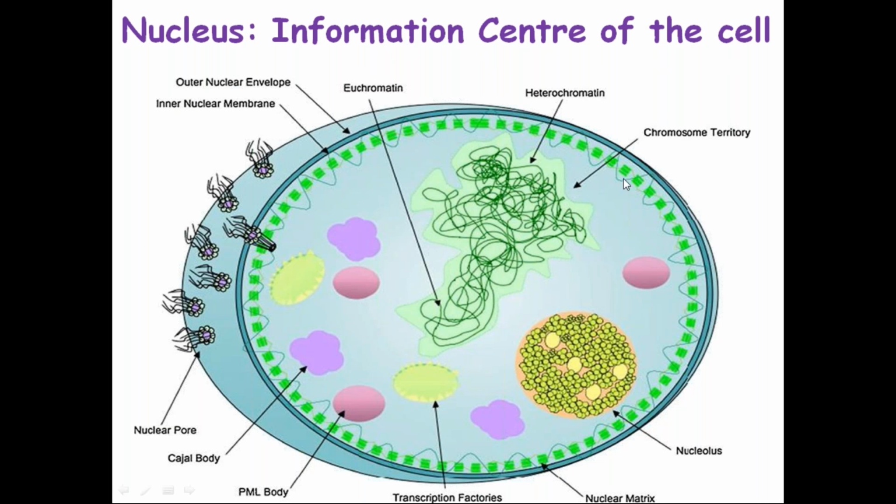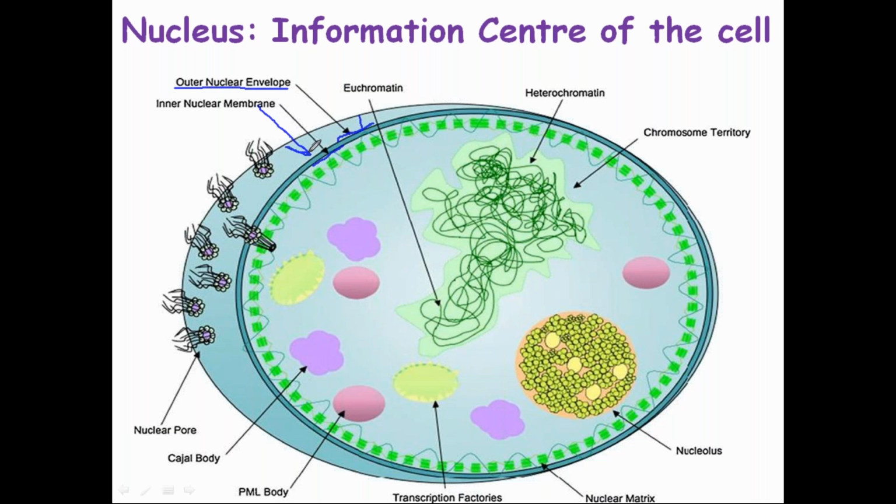Now you can see here that the nucleus is a double membrane structure. You can see it has two membranes here. The first one, the outer one, is called the outer nuclear envelope, and the inner one is called the inner nuclear membrane.